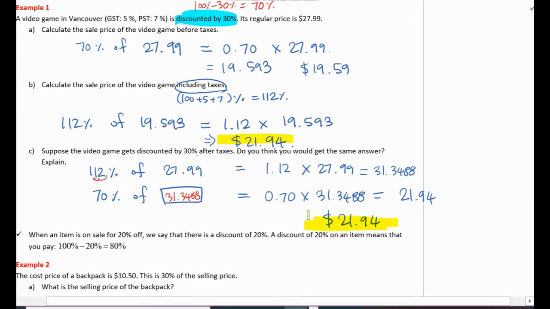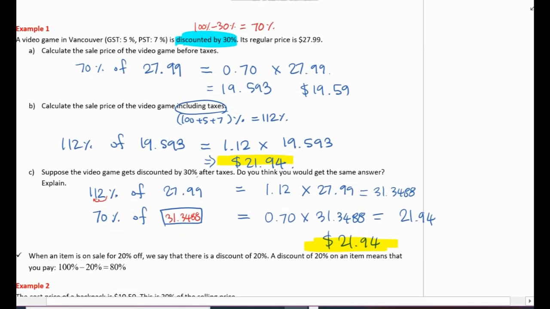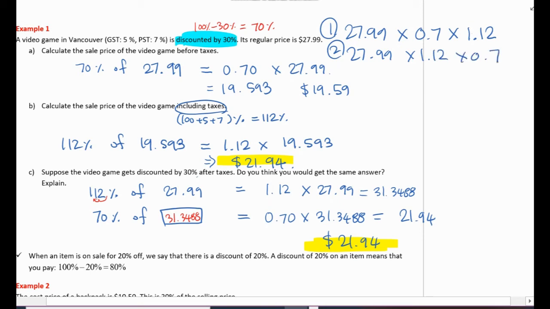Either way, the order does not matter because it's multiplication. From the original price, if you do the discount first, it will be 0.7, and then tax after, it will be 1.12. This is the first method. And second method, 27.99, you do the tax first, 1.12, and then discount after, 0.7.